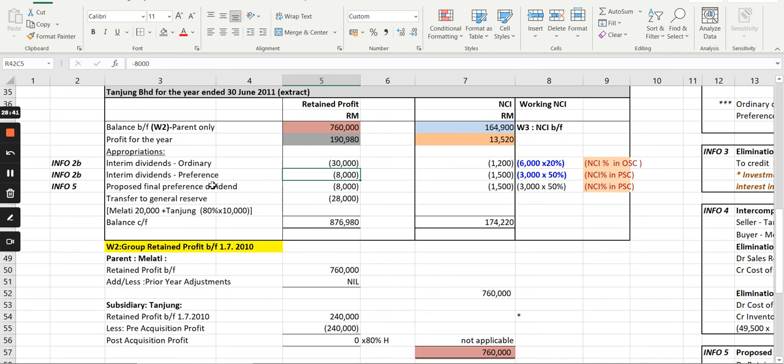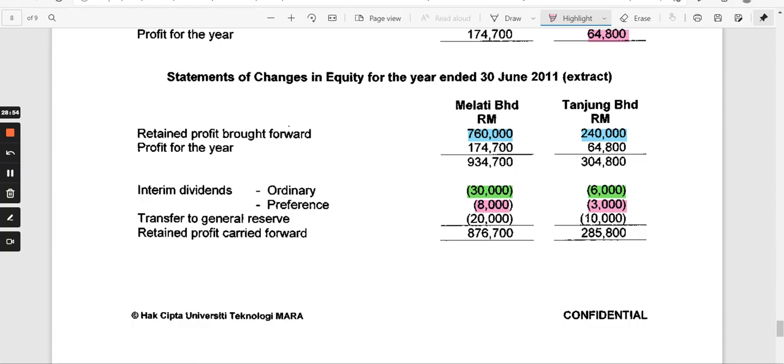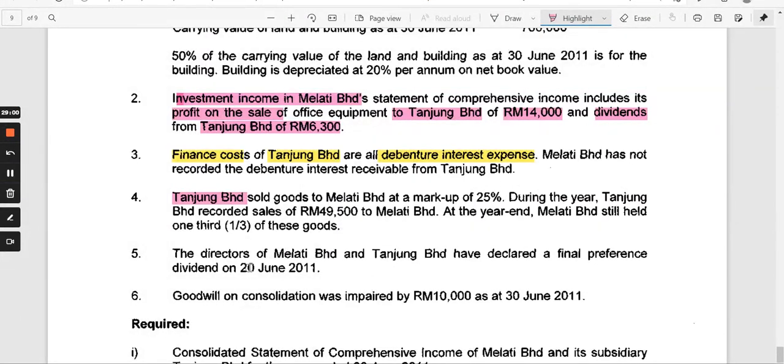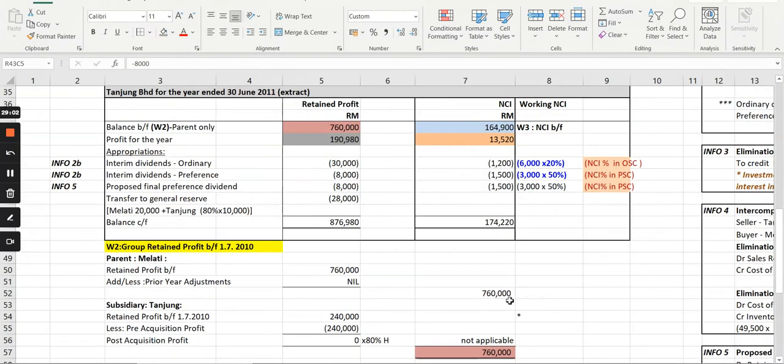Okay, the proposed final dividend. Proposed final dividend of the parent company is the one in additional information number 5. So information number 5, it was being proposed. If you look at information number 5, directors propose the dividend. We have calculated it here.